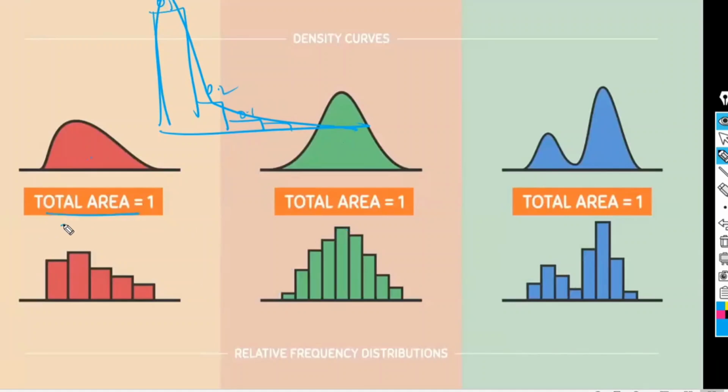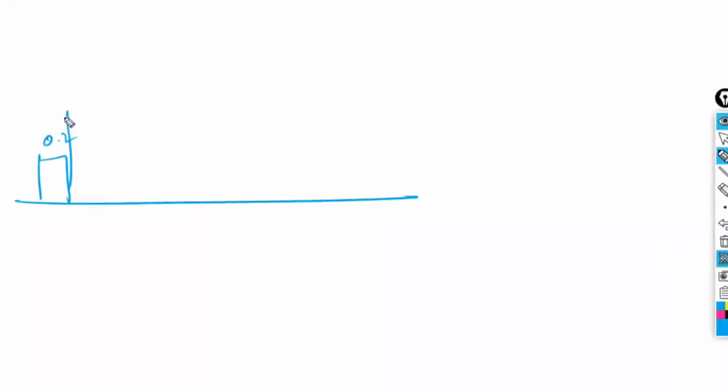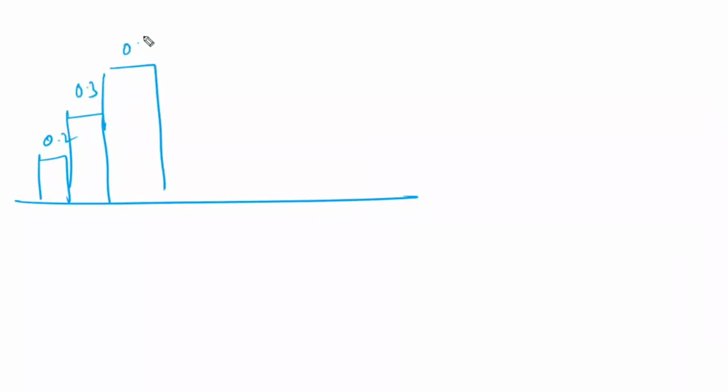Total area is nothing but the sum of probabilities. Area means nothing but probabilities. The sum of the probabilities is equal to 1 for any kind of curve. For example, if you have a probability of 0.2, next one a probability of 0.3, next one a probability of 0.4 and a probability of 0.1.